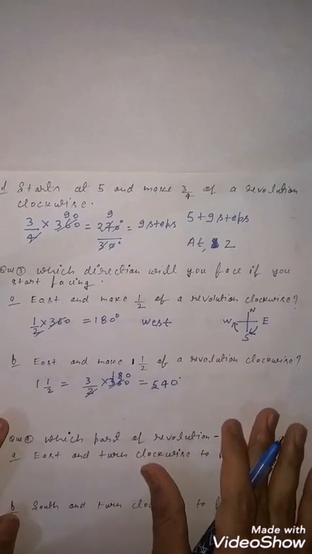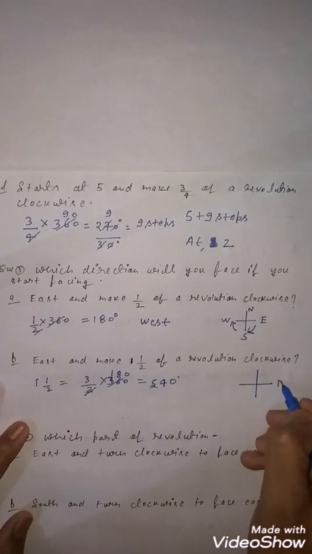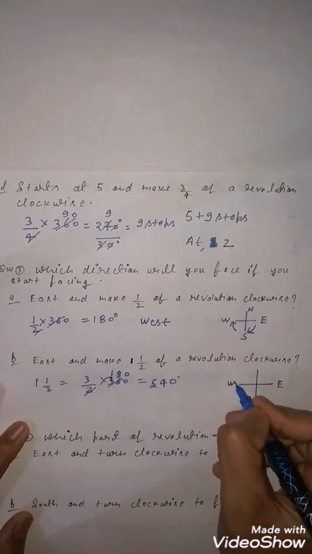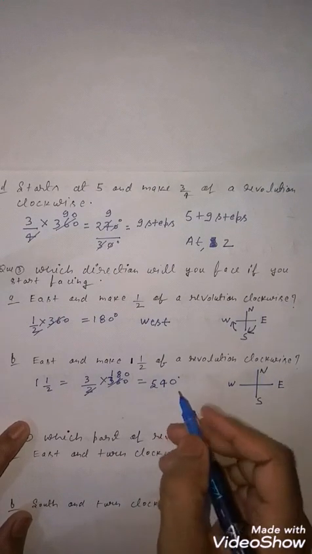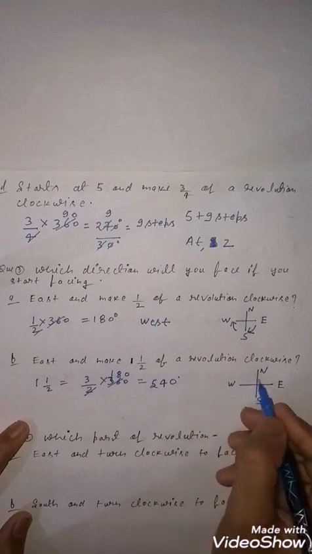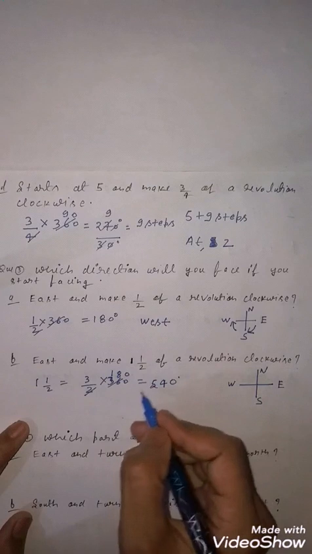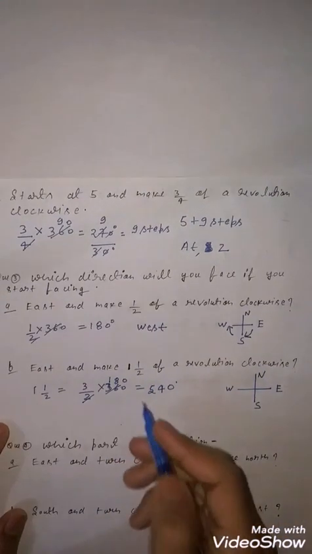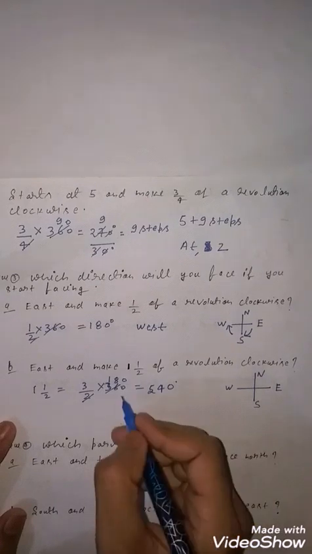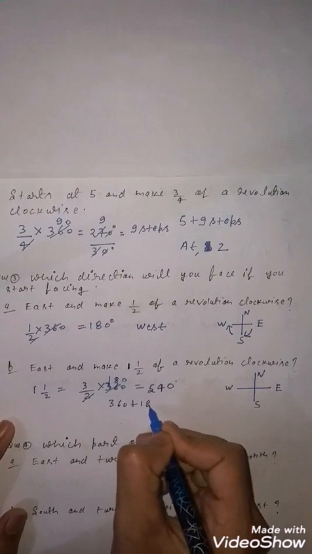Now you have to find out this one. So how will you find out? Now let's check. East, west, north, south. Here you can see 540 you have to find out. You know that the full revolution is 360. Clear? So first you can write down 540 as 360 plus 180, you can write down, na?